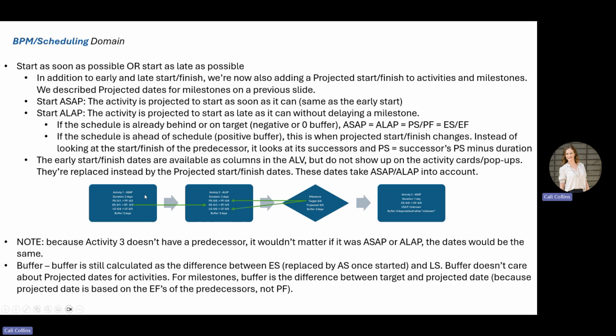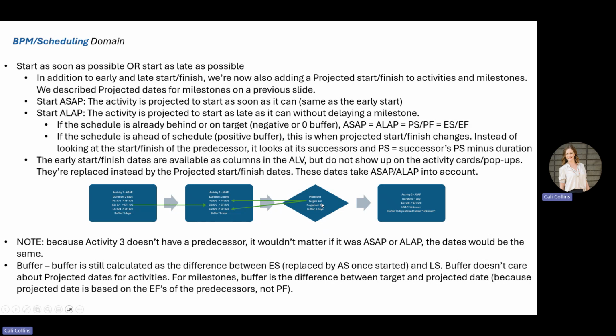So this activity here, the first one, is as soon as possible. We now have the projected start date, which matches the early start date. You have your late start dates, and your buffer is 3 days. This second activity is as late as possible. To get its projected start date, it's going to look at the target date of the milestone, which is the 8th, and subtract 3 days off of it.